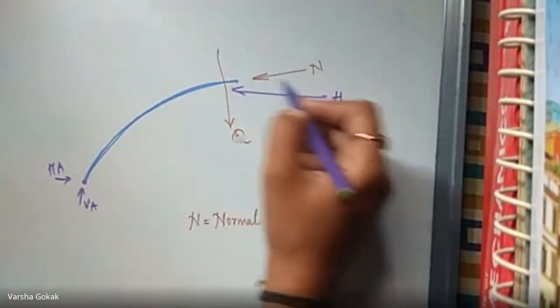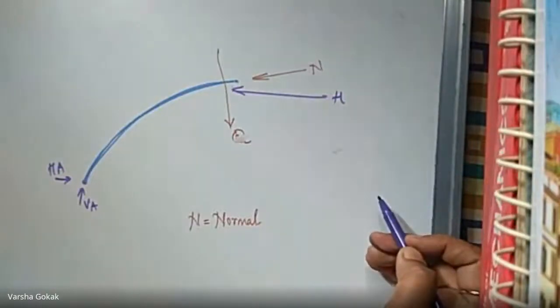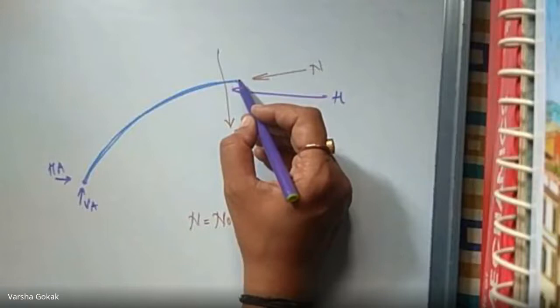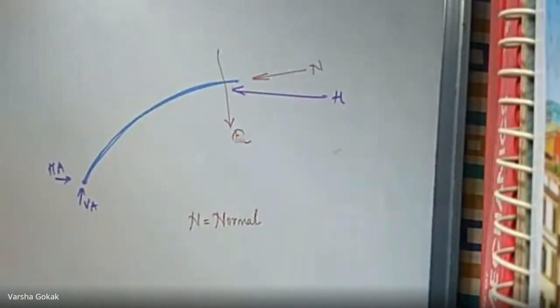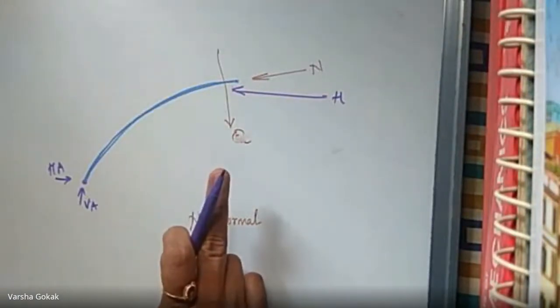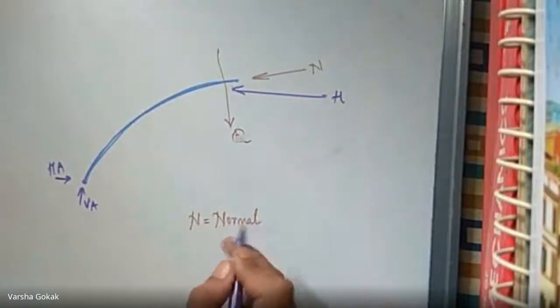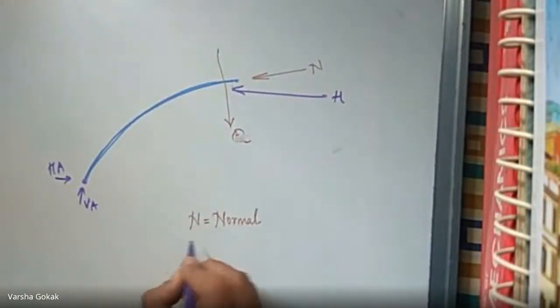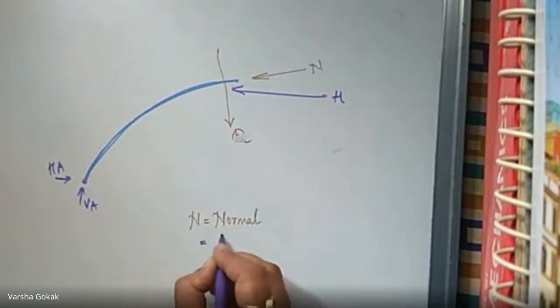When I complete this arch, I will have HA and VA. If there is a hinge over here, if this is a crown and a hinge over here, there's no HA, VA, and moment at that point is going to be 0. So our next job is to find the equation for normal thrust and the equation for radial shear.